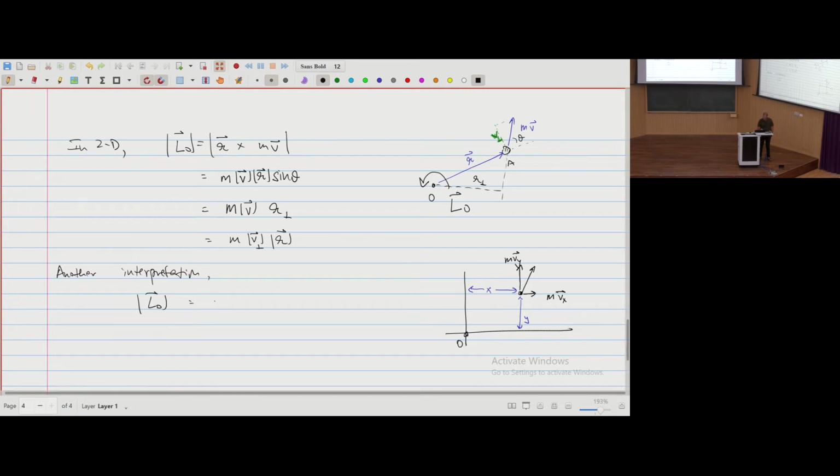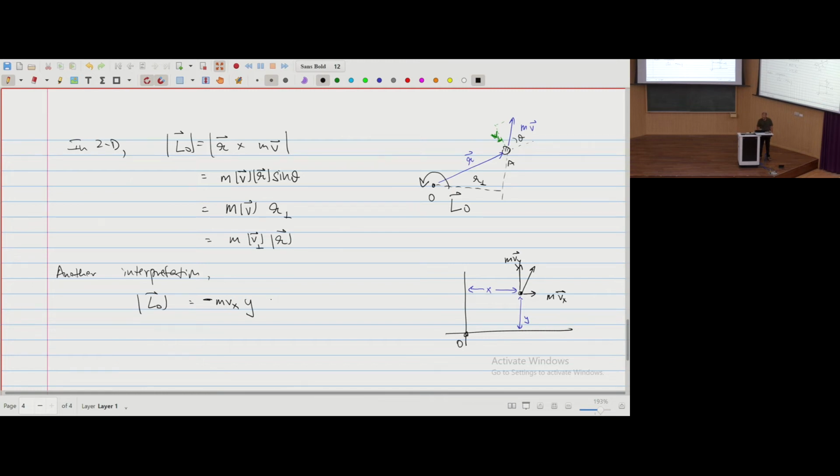So this is mvx times y, it has a clockwise sense, so clockwise is negative. And if you look at mvy, that has a tendency to rotate counterclockwise, and the perpendicular distance of mvy from the y axis is x.